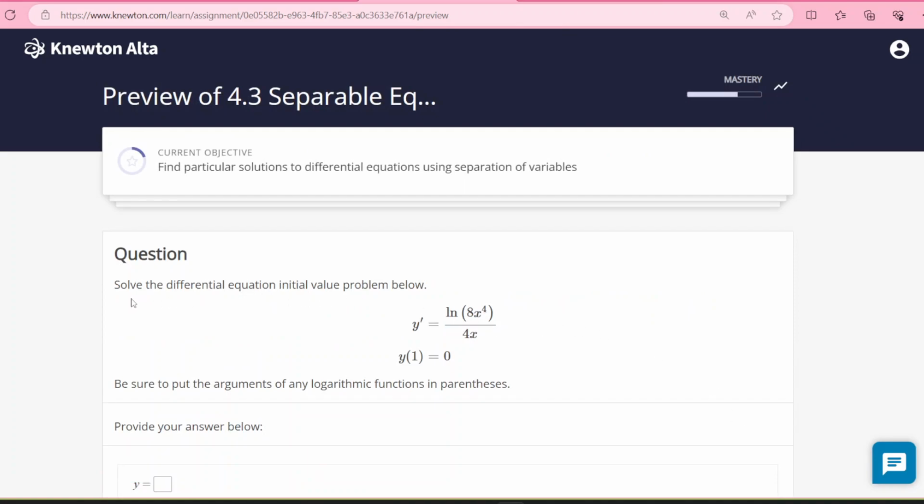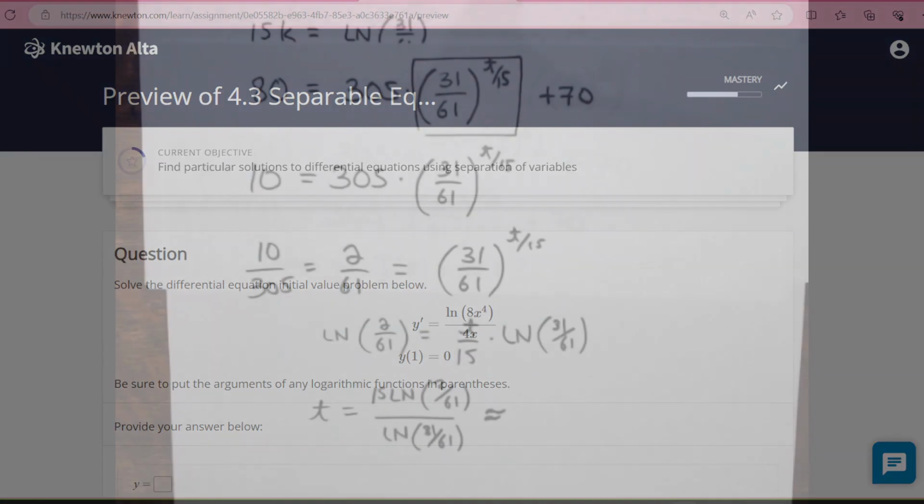All right. Now let's talk again about another initial value problem, given a differential equation with some condition. Find the particular solution to this.